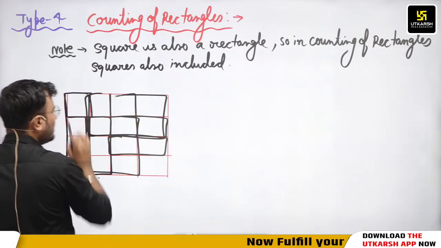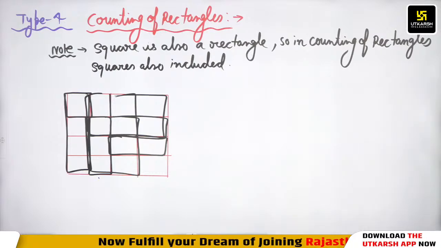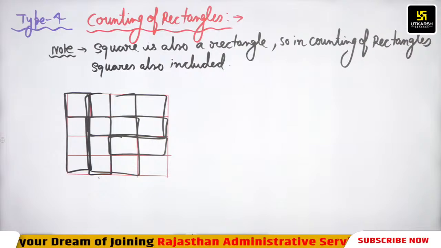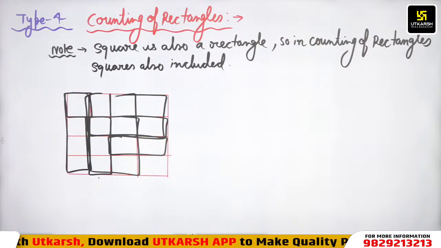There are several rectangles. So it is not feasible. It is impossible to count the rectangles in 30 seconds, 50 seconds or 2 minutes. It is impossible to count.